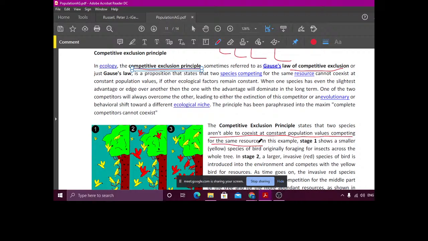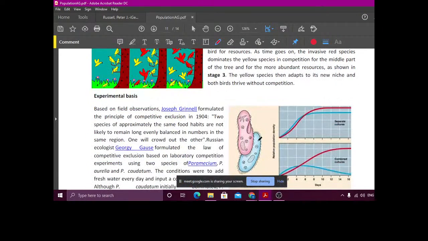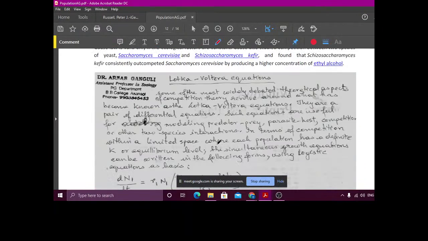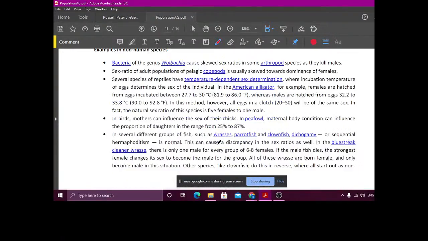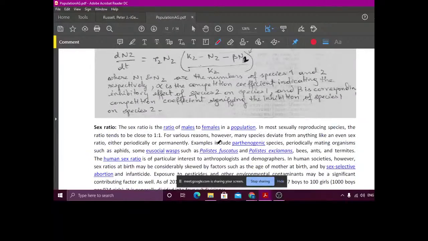Complete competitors cannot coexist. What do you mean by a complete competitor? A complete competitor is a competitor who competes for the same resource. For example, lion and tiger will compete for a deer, so they will not be able to live in the same place. They will be able to live only under one condition, and that is niche segregation.